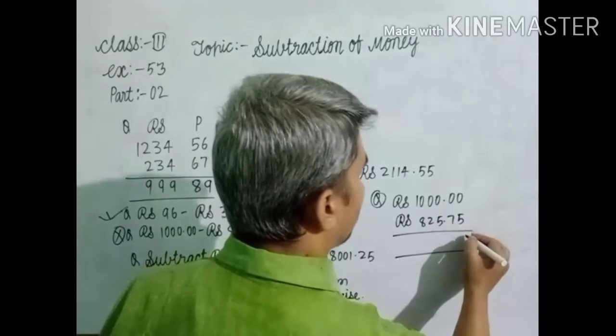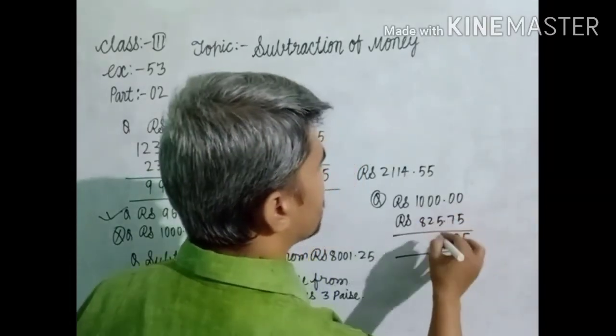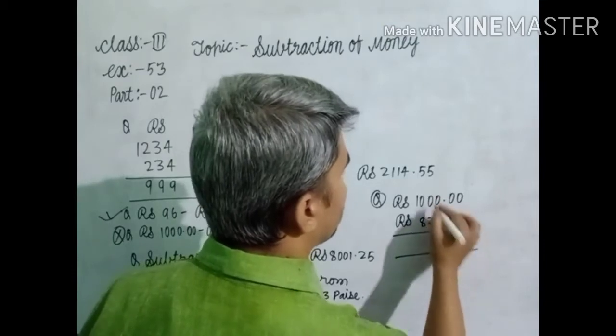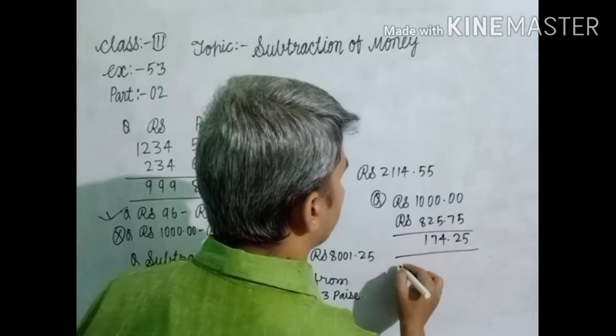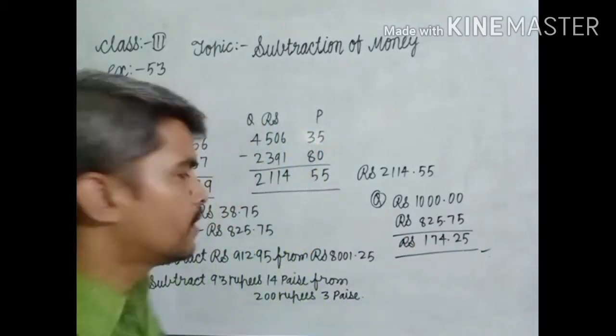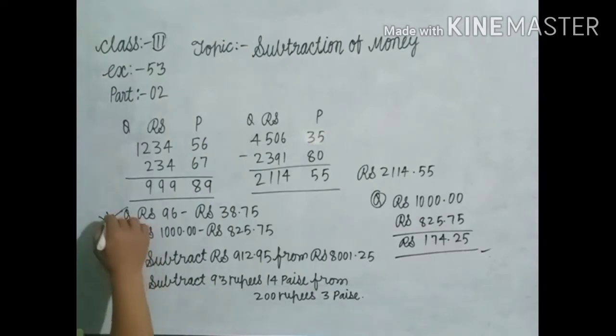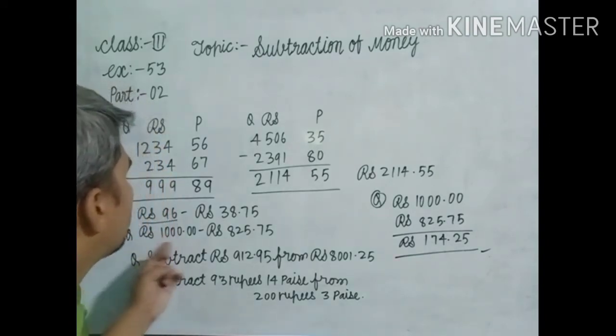Okay, 10 minus 5 is 5, 9 minus 7 is 2, and here put the decimal. 9 minus 5 is 4, 9 minus 2 is 7, 9 minus 8 is 1, and you write here Rs. This is your answer. In the previous question, dear students, you see here only Rs 96 is written and not in this form.